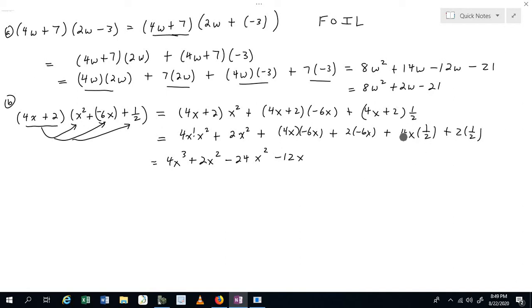This, you can move the 1/2 in front next to the 4, and so 4 times 1/2 is 2, so that's 2x. And then here, 2 times 1/2, of course, is just 1. And now all we have to do is add like terms, and then we're done. So let's see. It looks like you can add these two together. So that's 2 minus 24, so negative 22x squared.